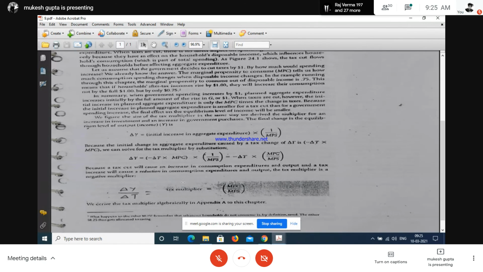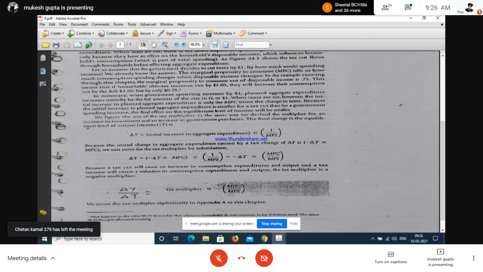And we can rewrite that the change in Y due to change in tax, which is the tax multiplier, is the ratio of marginal propensity to consume and marginal propensity to save. In our case, marginal propensity to consume is 0.75, and so marginal propensity to save will be 0.25. Just divide, you will get 3.